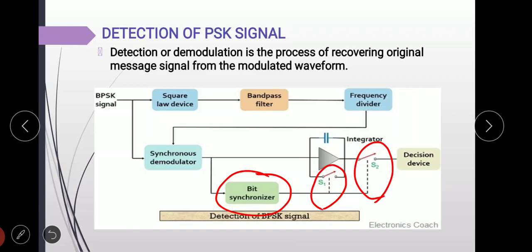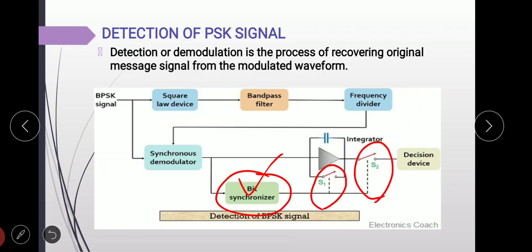The integrator integrates the signal over 1 bit period. The bit synchronizer takes care of the starting and ending time of a bit. This is the work of the bit synchronizer.